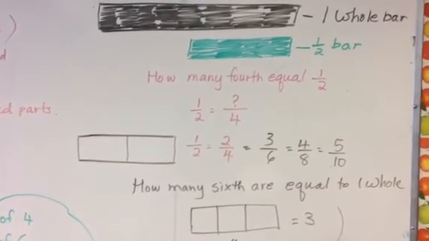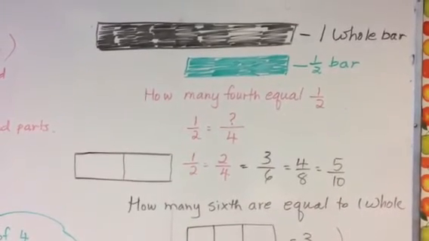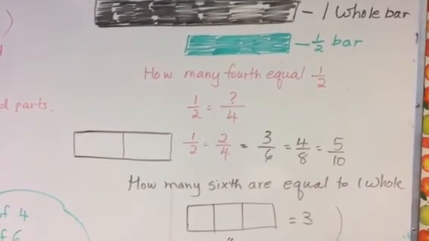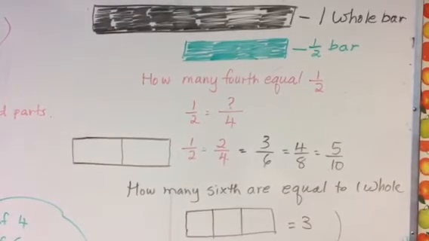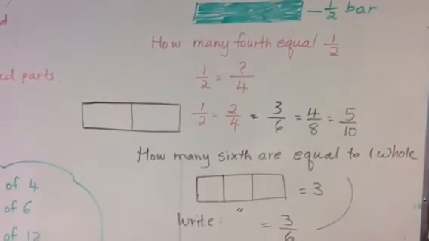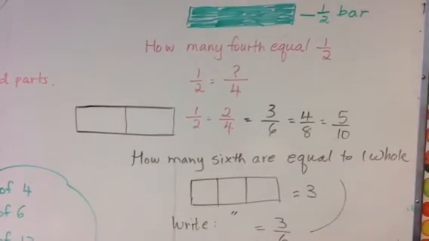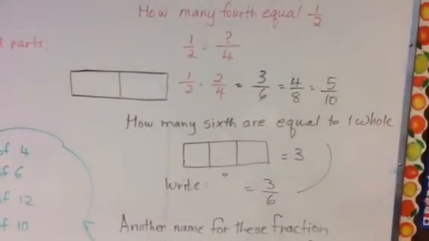How many sixths are equal to one whole? Now if I have to divide that big bar, one whole, into 6 parts, then half of the bar will have three sections. So if I put blank is equal to 3/6, what is that?